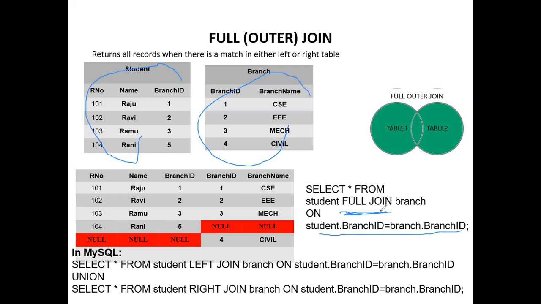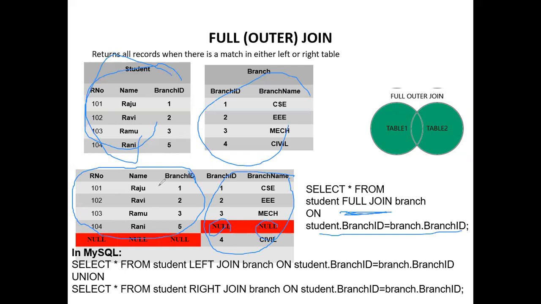So see here, in the student table all the records are considered, and in the branch table also all the matching records are considered. When there is no match available between the tables, those are filled with the null values here.